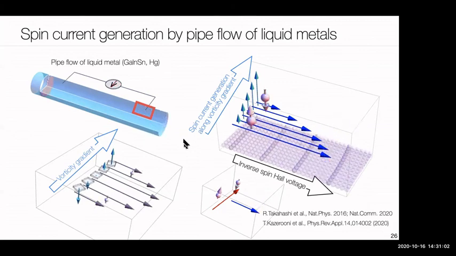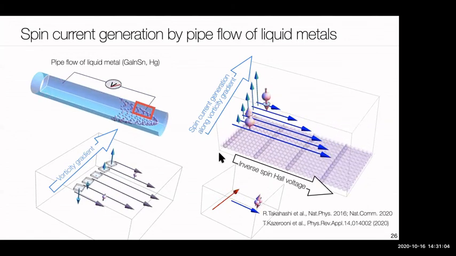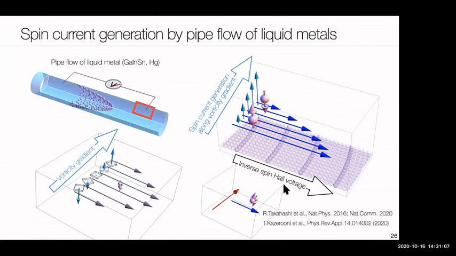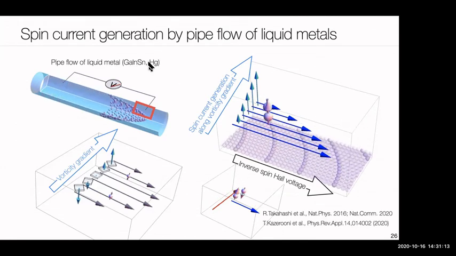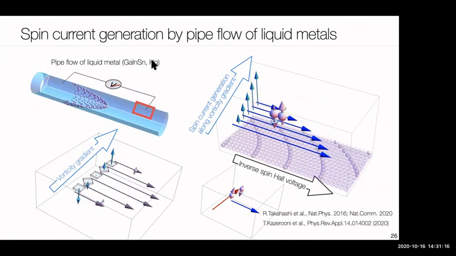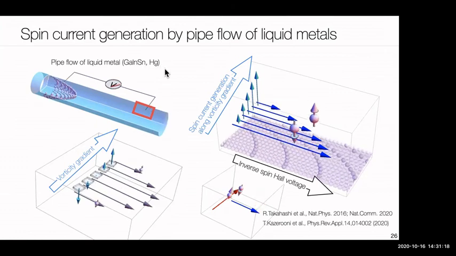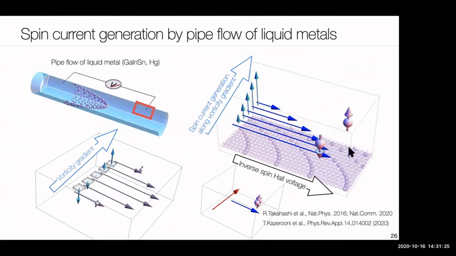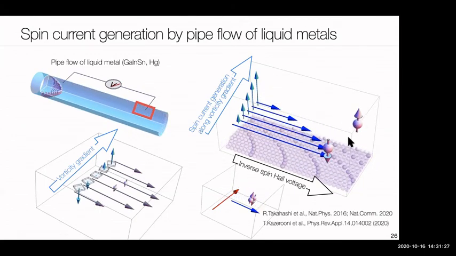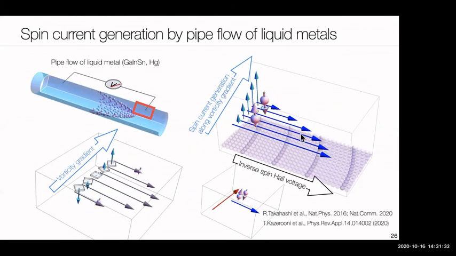But additionally, we also have the inverse spin Hall effect due to the spin orbit coupling of the liquid metal. Okay, due to the spin orbit coupling of the liquid metal, this generated spin current can be converted into the electric current along the pipe flow.